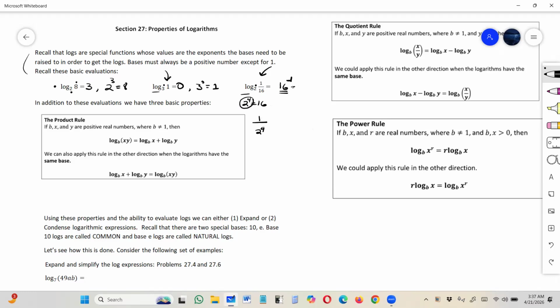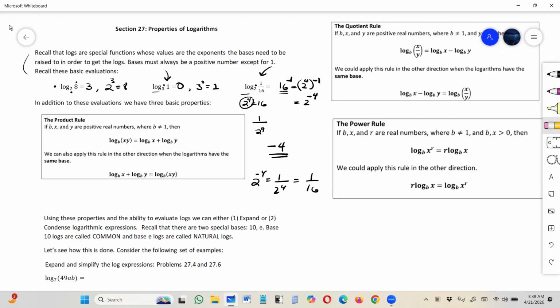Now the 16 can be changed to 2 to the fourth, raised to the negative 1, and that would be 2 to the negative 4. So the answer to this is just negative 4. And here's the proof: 2 to the negative 4 is 1 over 2 to the 4th, which is 1 over 16. So this is what we did in the last section.